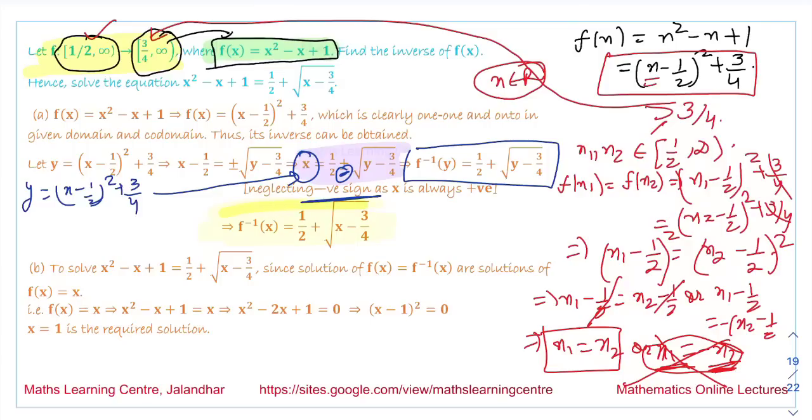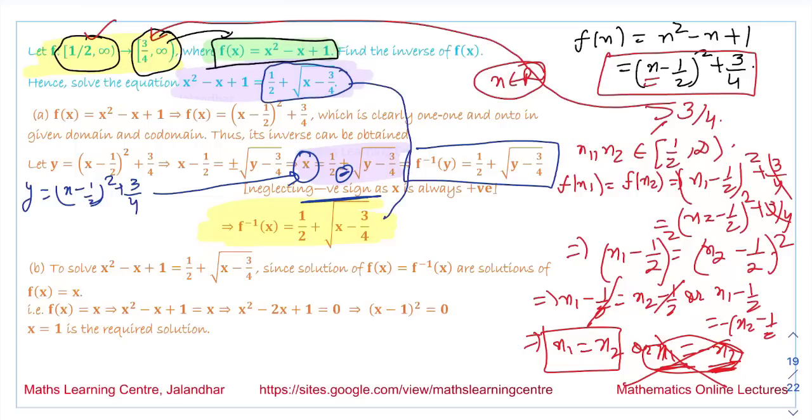So this function f inverse of x is equal to 1 by 2 plus square root of x minus 3 by 4. Now the next part of this question is we have to solve the equation x square minus x plus 1 is equal to 1 by 2 plus square root of this term. Now look at this term over here.